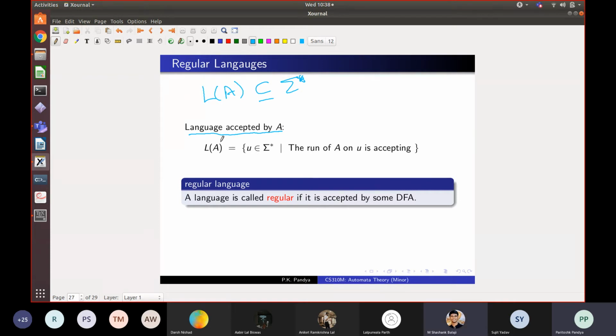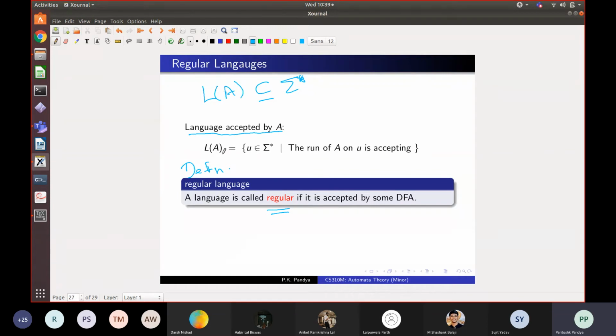And here is the definition. A language is called regular if it is accepted by some deterministic automaton. Some subsets of sigma star may be acceptable by a finite state automaton, but believe me, there are some languages which cannot be accepted by a finite state automaton, and they will not be regular. So we classify languages into regular or not, and in order to show that a language is regular, we have to exhibit a corresponding DFA which exactly accepts the language that we have in mind.